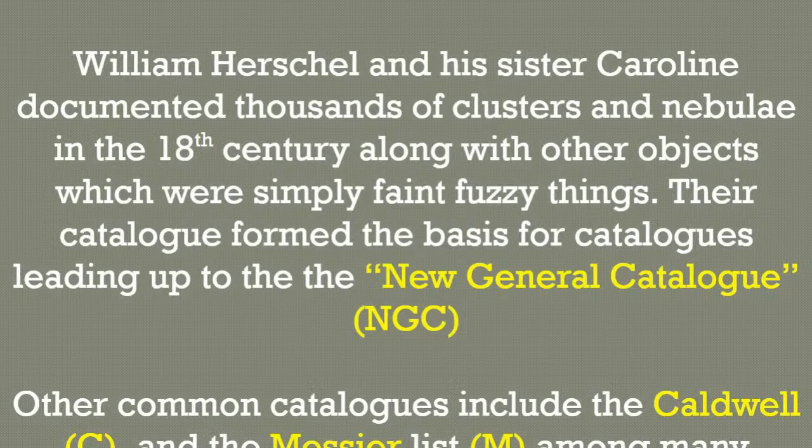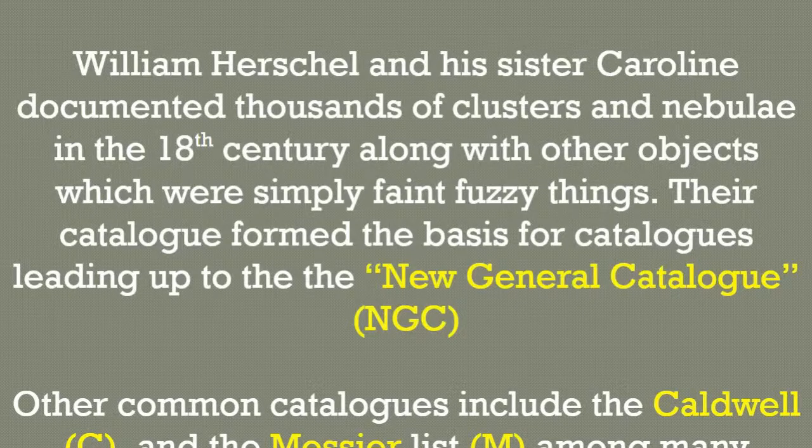And we refer to some of the deep sky objects by their NGC number. So you'll see that as a way to talk about this object or that object. We're going to get to the pictures in a second.